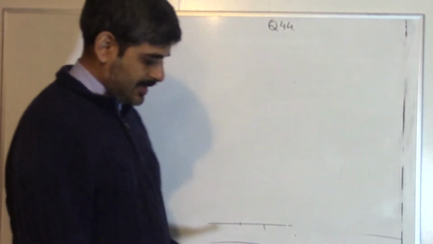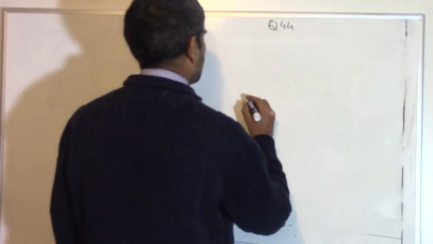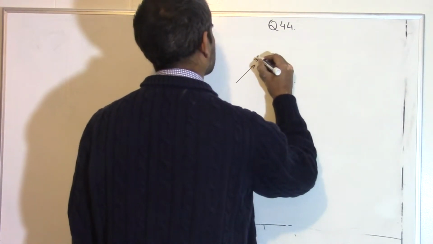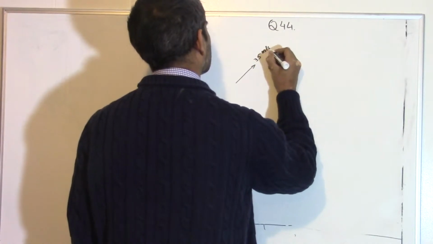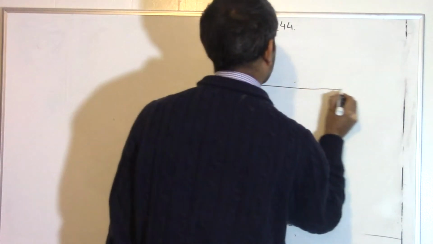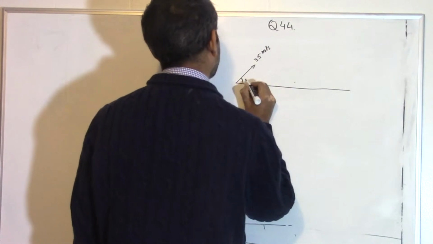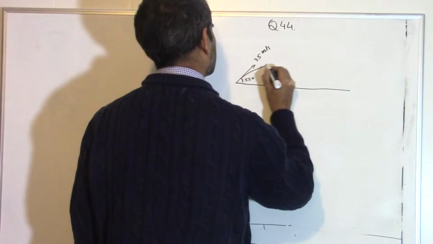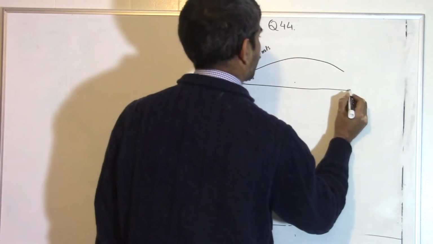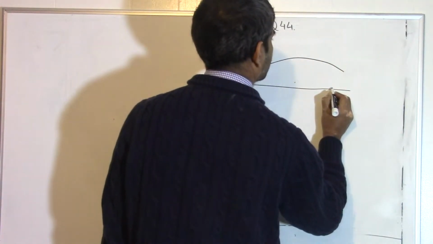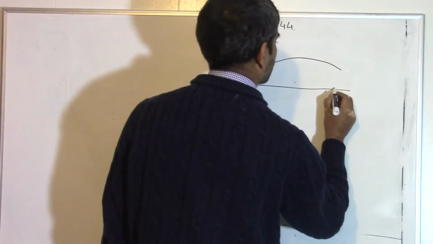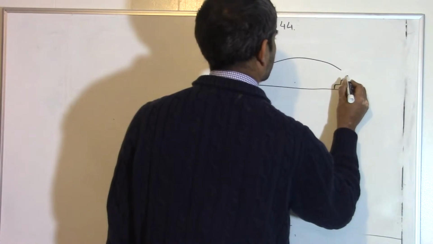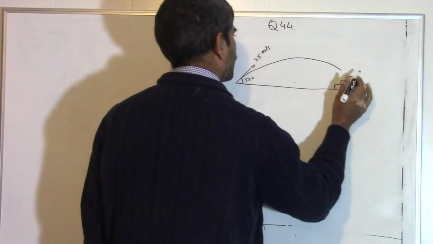What we have is a ball thrown with a speed of 35 meter per second, at an angle of 53 degrees. So obviously it takes a parabolic path like this, and what we have here is a gallery, a cricket stadium, so it is something like that.